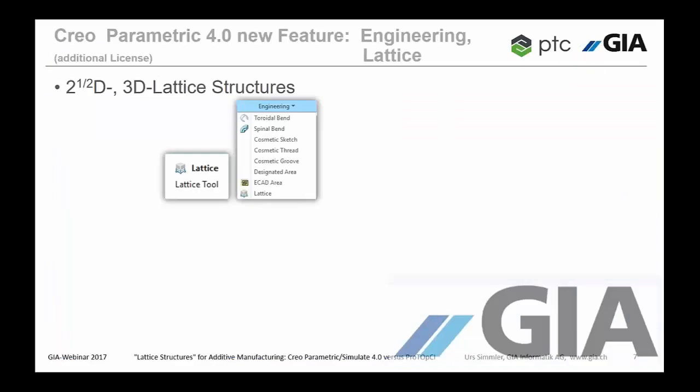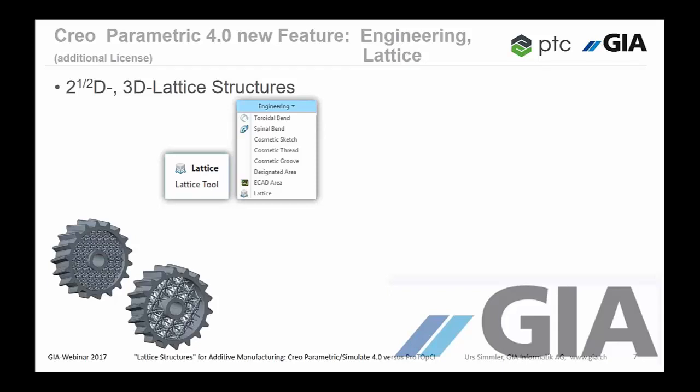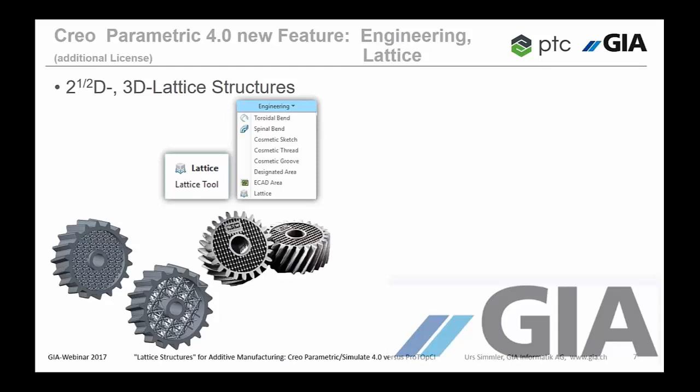And with this new feature, which requires an additional additive manufacturing license, we get the capability to create 2.5D and 3D lattice structures within Creo Parametric. So what does that mean? With these pictures we can see the components we can create. Inside our components we can create these lightweight structures for 3D printing in order to get nice parts for 3D printing.